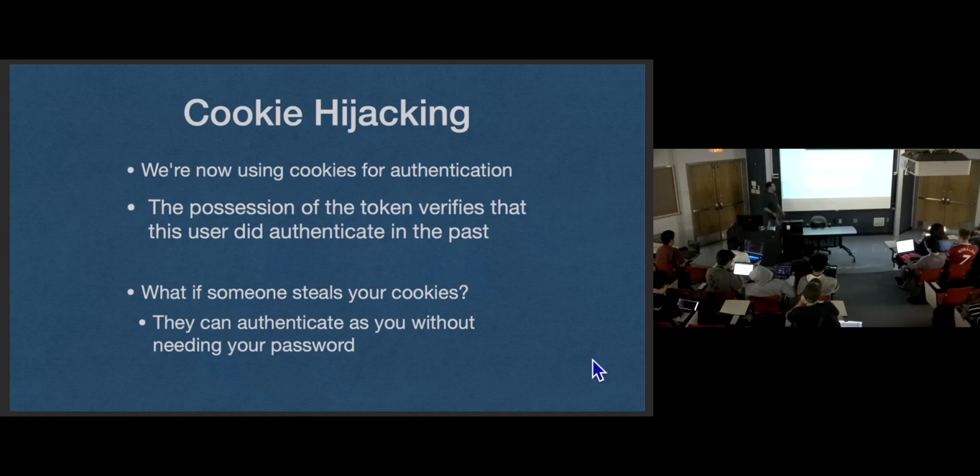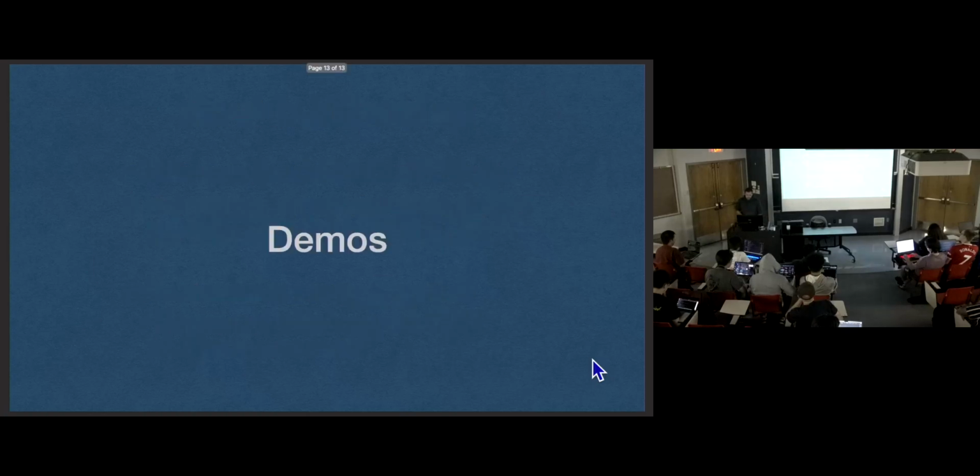So somebody can steal these cookies. I think I'll put how to steal these cookies in the cross-site request forgery lecture next week, or actually in the HTML injection lecture. If somebody can steal these cookies and they're stealing auth tokens, it's bad news.